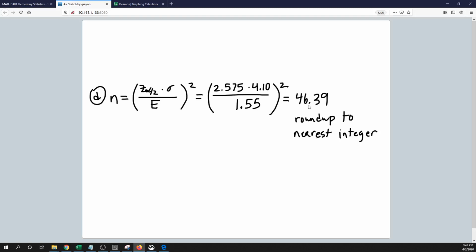We want to round up always on these, because 46 would not be enough. It has to be bigger than this number. So the answer here is 47. If you want to get a 99% confidence interval for this population mean, you're going to have to sample at least 47 people from this population. So don't forget to round up on that one. All right, and that's it for this one.